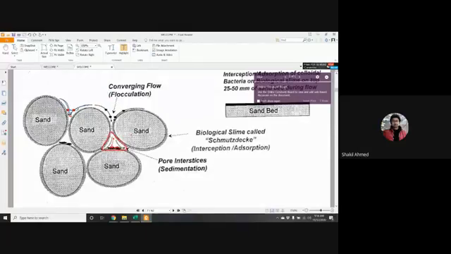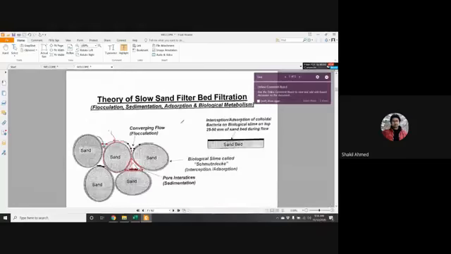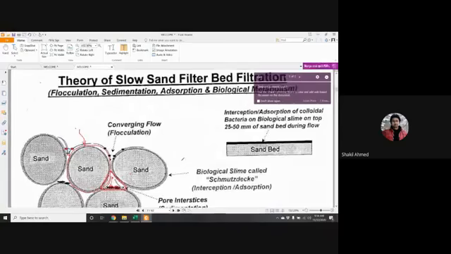The red one is the organic matter, the pollutants, and bacteria feed on them. Bacteria eat them, and they grow. So you get a layer of bacteria, and this layer of bacteria is gelatinous. You know what is gelatinous? Sticky. We call it biological.